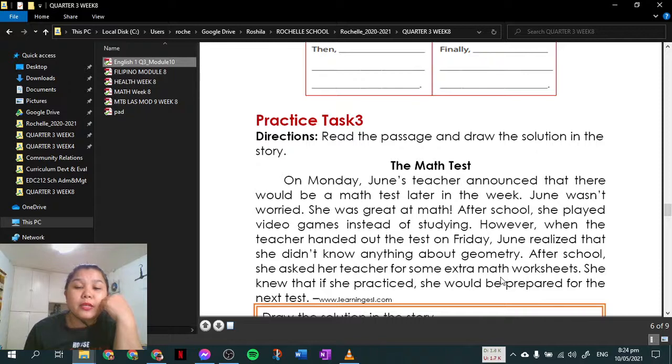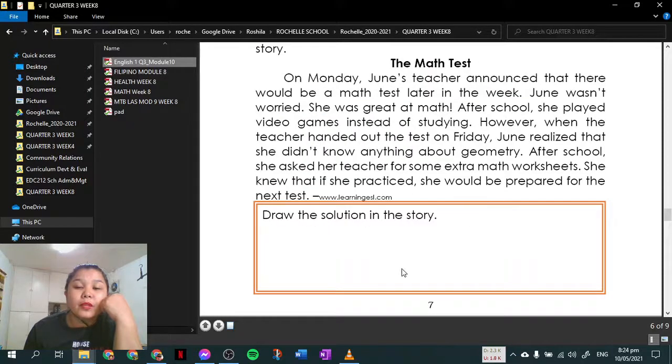Next one, practice task 3, read the passage and draw the solution in the story. So this one, you need to draw the solution. So after reading and understanding the text, the story above.